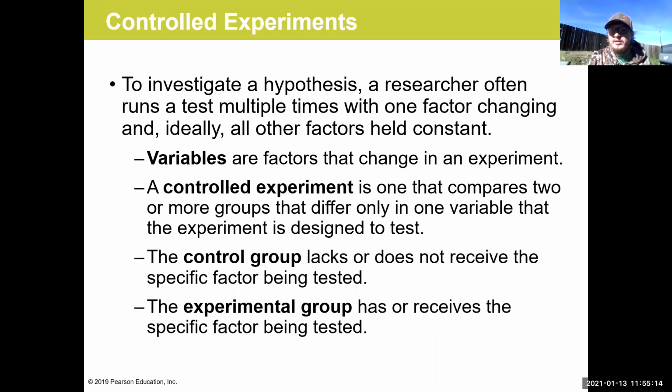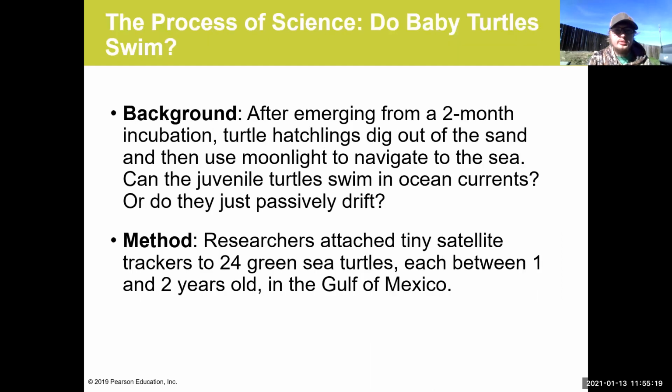Okay, so now that we've defined the variables, next we're going to look at the scientific method in a real life study. So basically there were some researchers who wanted to determine whether or not baby turtles actually swim, or do they just drift with the currents.